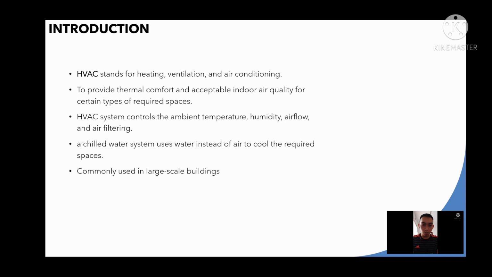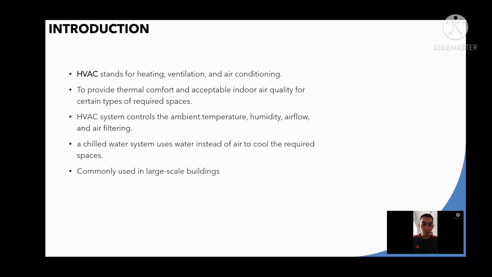HVAC stands for heating, ventilation, and air conditioning. The main purpose of the HVAC system is to provide thermal comfort and acceptable indoor air quality for certain types of required spaces. The HVAC system controls the ambient temperature, humidity, airflow, and air filtering.